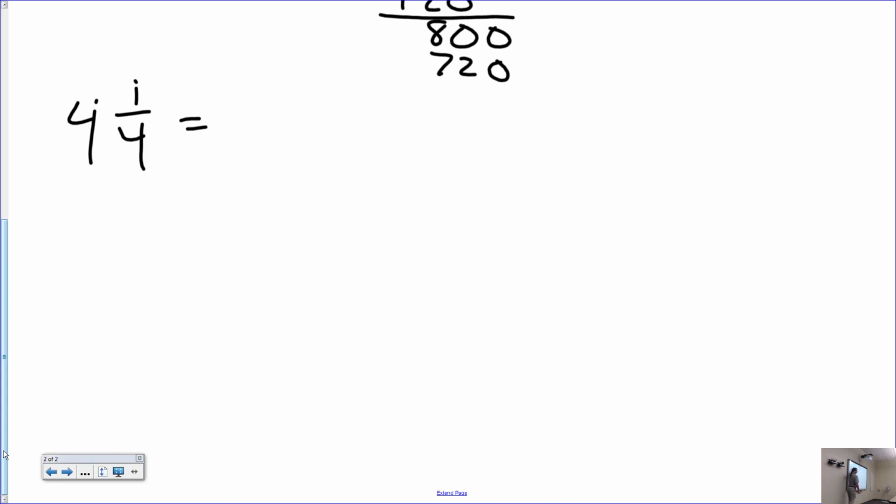And then look at the fraction, and if it's a nice fraction, so if I was nice to you guys, what is 1/4? 25 cents, so 4.25. Okay, that's one of those where I'm never sure if I have to show you guys, but I always do just to be safe. Okay? All right.